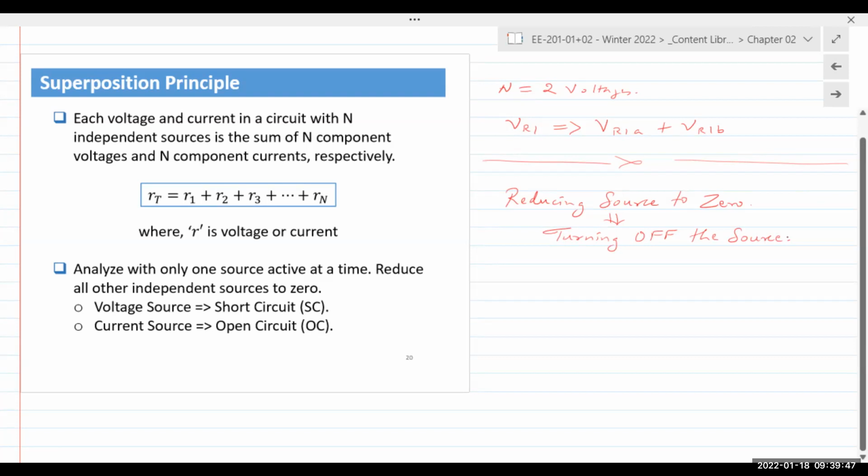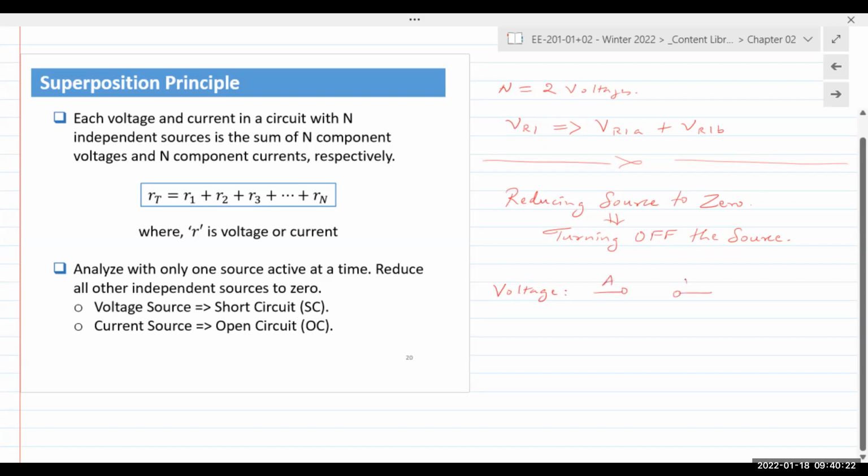The concept comes from the fact that, let's take the voltage for instance. If you're measuring voltage between any 2 points and you want to reduce that voltage to zero, what do we need to do? The only way that a voltage between any 2 points can be zero is if they're at the exact same potential, meaning if there is a short circuit between those 2 points.